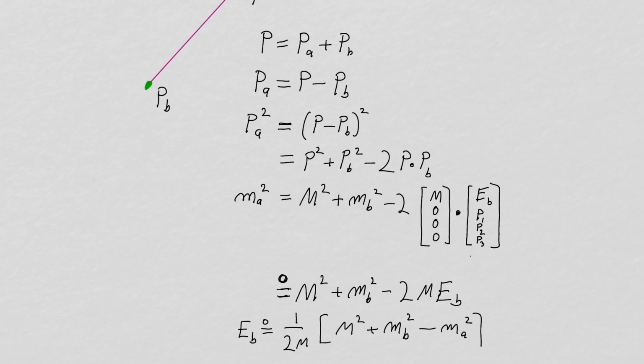Squaring the right-hand side gives you this regular algebraic expression where we have this dot product again. And I can't help but point this out: everything through here is true in any reference frame.